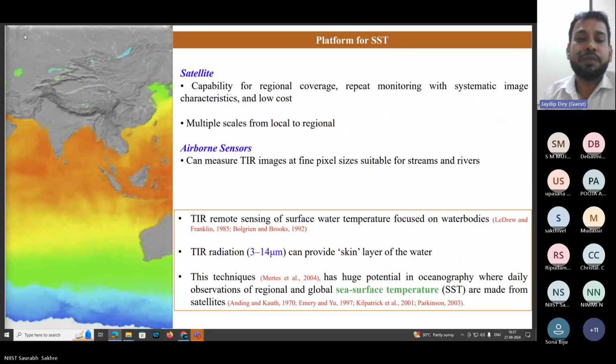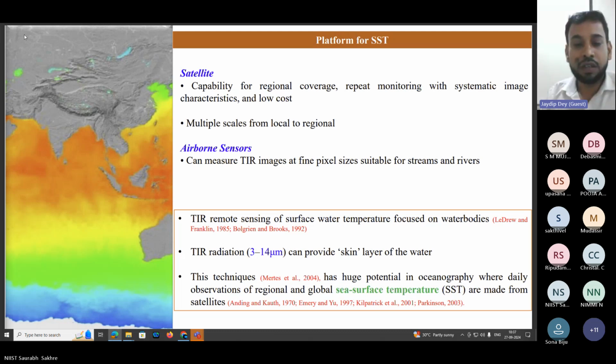To assess the sea surface temperature, there are different data sets or remote sensing media available, like satellite or airborne media. We can collect data from both, and in this case, we used the thermal infrared region of the electromagnetic spectrum, that is 3 to 14 micrometers.